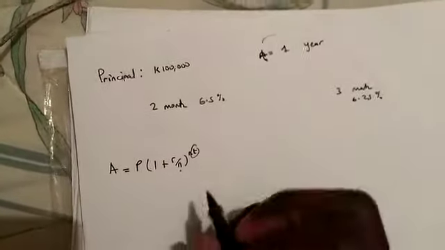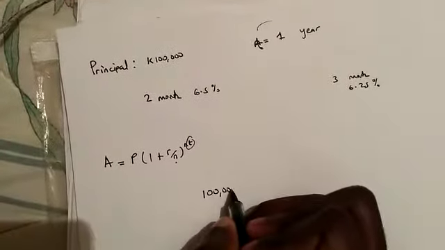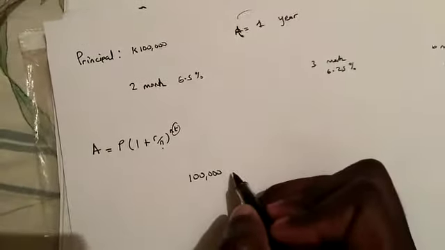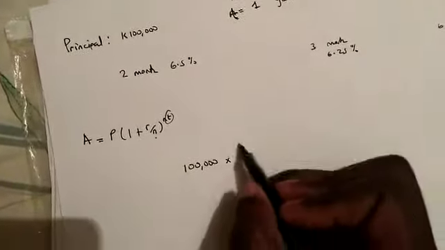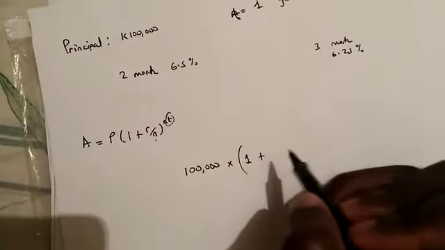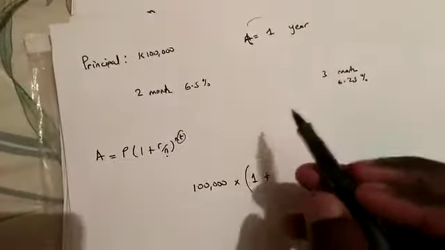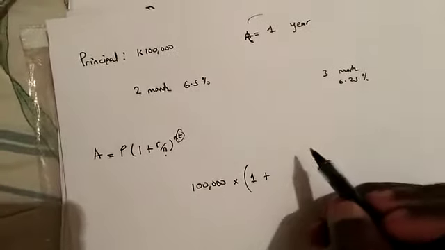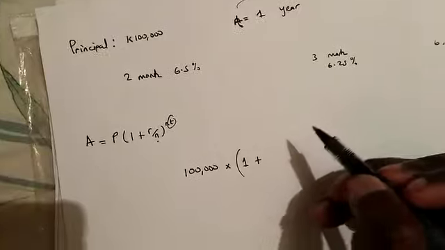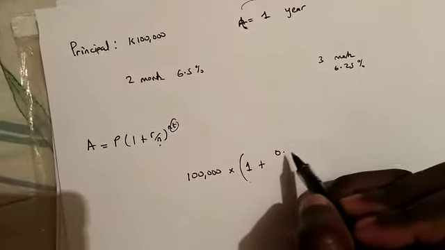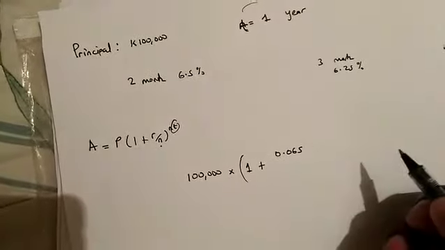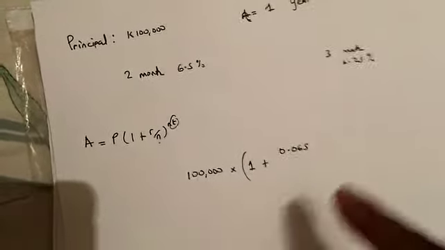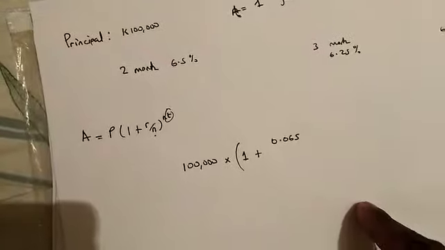So in 2 months, we're going to have 100,000, our principal P, multiplied by 1 plus our R, which is 6.5%. 6.5% means 6.5 divided by 100, which is 0.065. If you have a calculator, it's even easier. Just type 6.5% and it should give you 0.065.